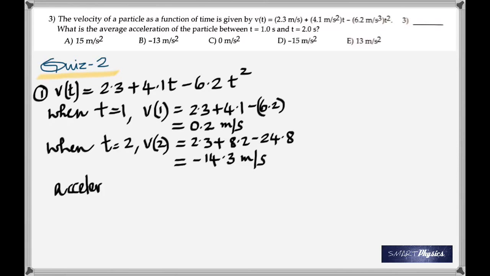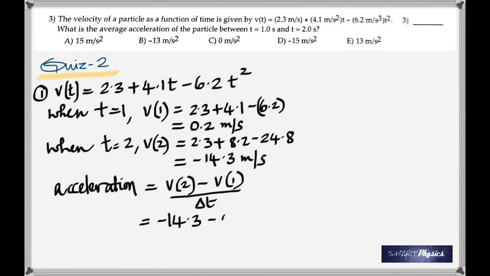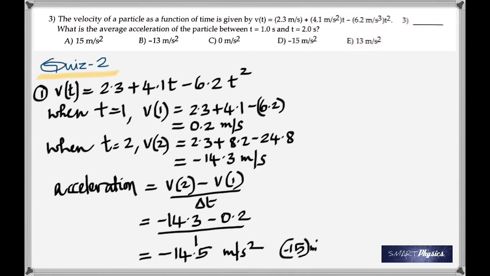And therefore the acceleration is velocity at 2 seconds minus velocity at 1 second divided by the time, which is minus 14.5 meter per second squared, which is approximately minus 15 meter per second squared.